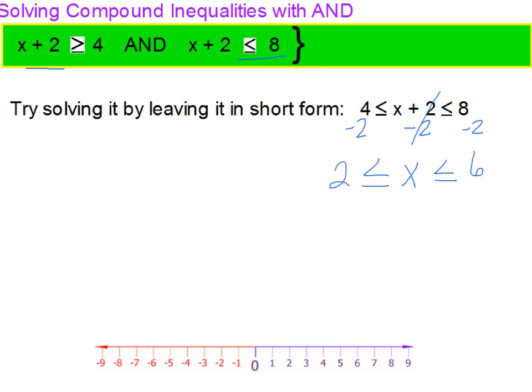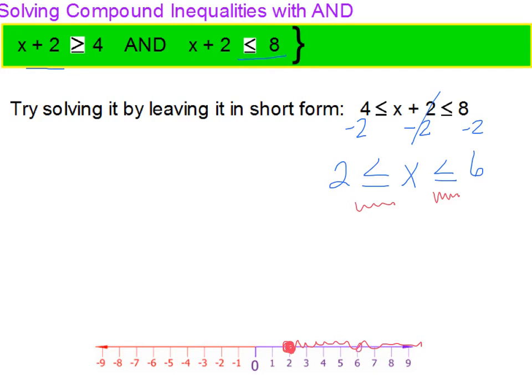So what this means is I want all of the x's that are greater than or equal to 2. This one's going to be a closed dot, so I put a closed dot at the 2, and I want all the x's that are greater than or equal to that. That'd be everything this way. But I also want all the x's that are less than or equal to 6.